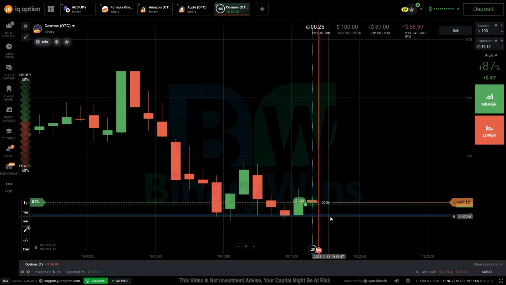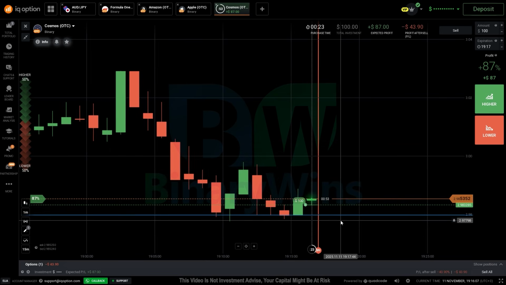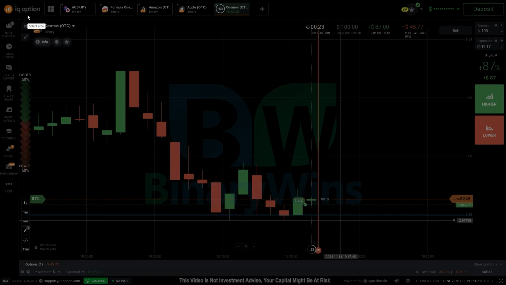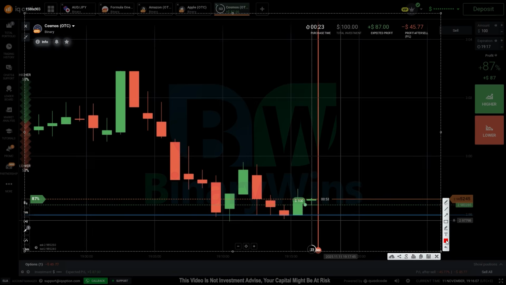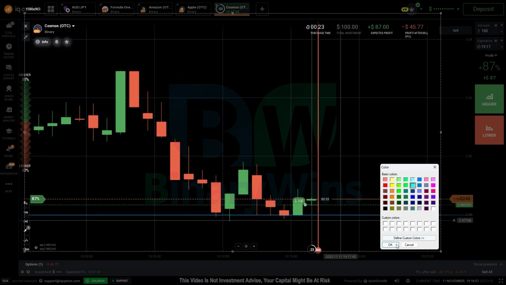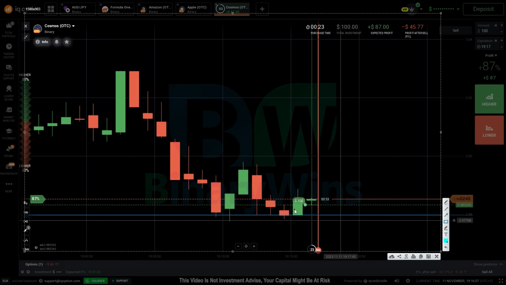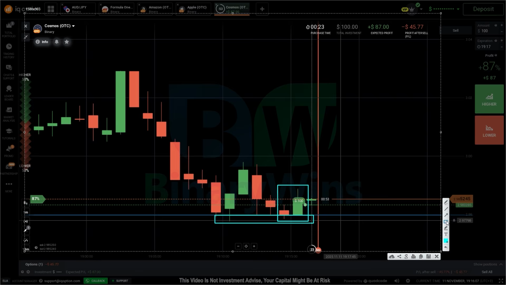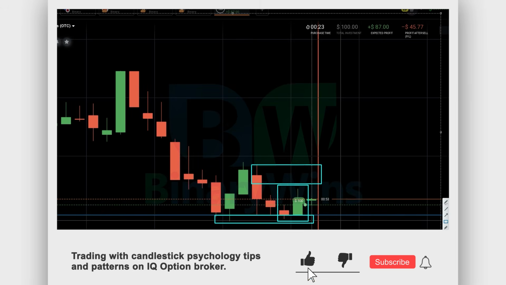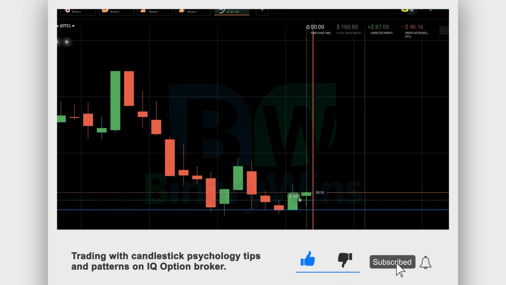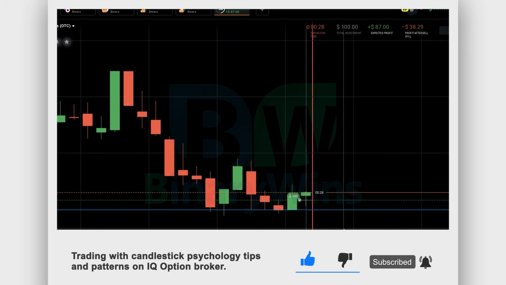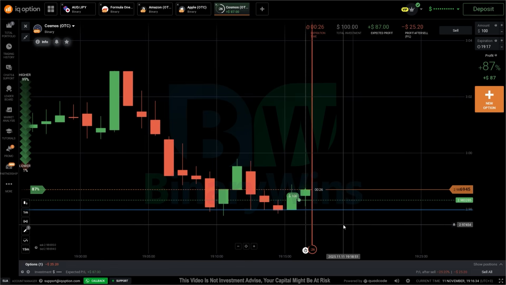I entered the higher trade. If you look, here is a bullish engulfing pattern formed for me on the level, and there is also a gap and distance to the next level. That's why I entered the higher trade.